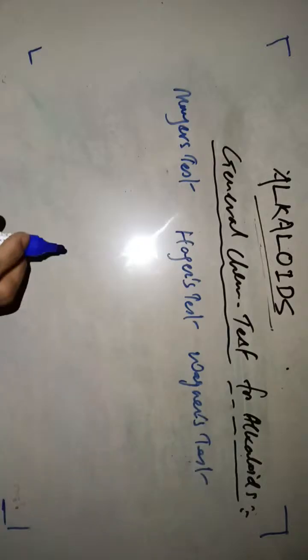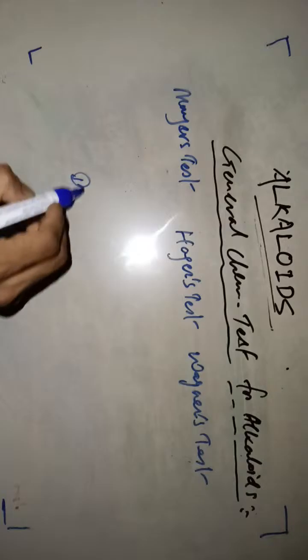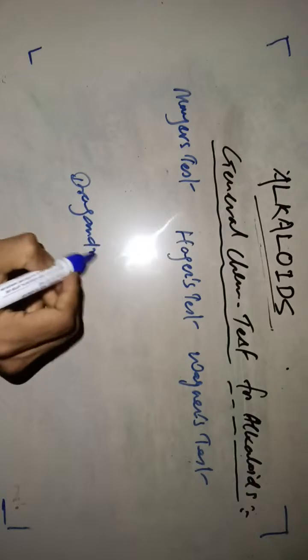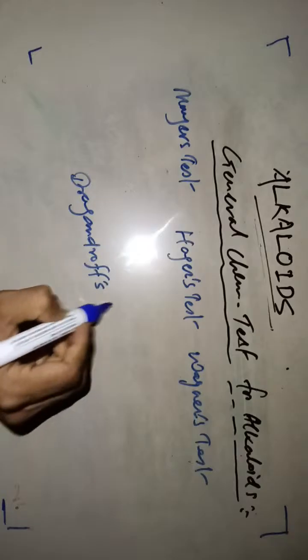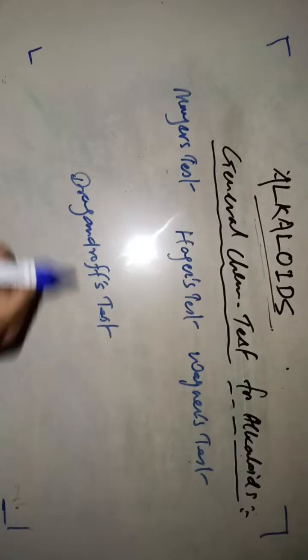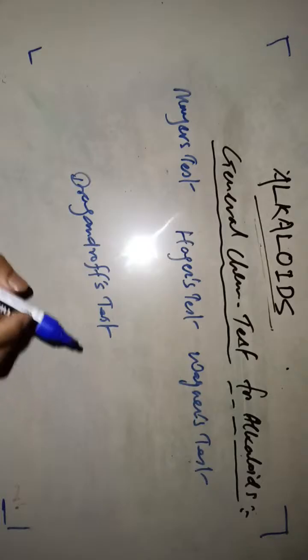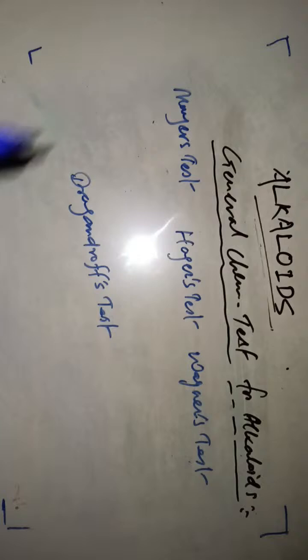And number 4, Dragendorff test. Okay. In this Mayer's test, which reagent is used? In Dragendorff test, which color is final? Which of the following is found as the final color of Dragendorff test? These type of questions are very, very important.